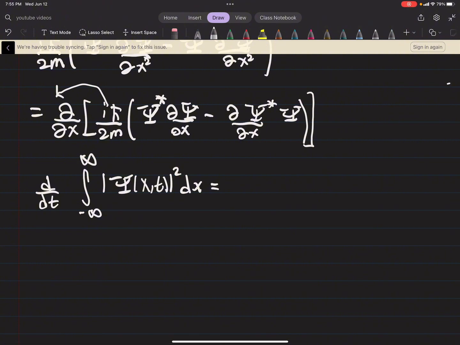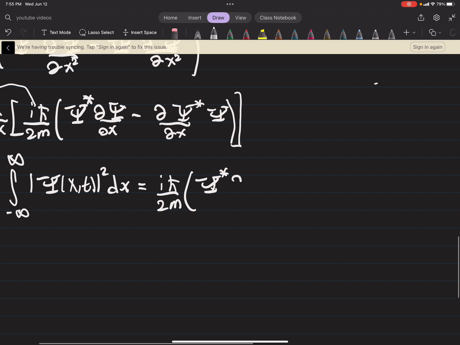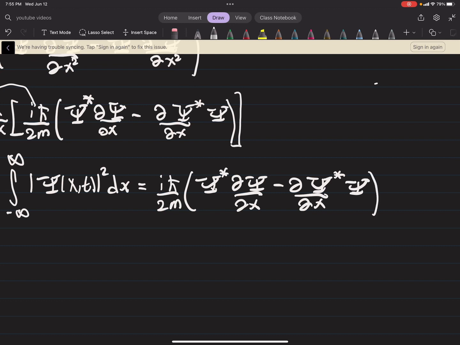So essentially the constants, i h bar over 2m, will come out, and then this function, psi star d psi dx minus d psi star dx psi, will be evaluated on these bounds from negative infinity to positive infinity. And that's just from the fundamental theorem of calculus, if you're confused about that part.